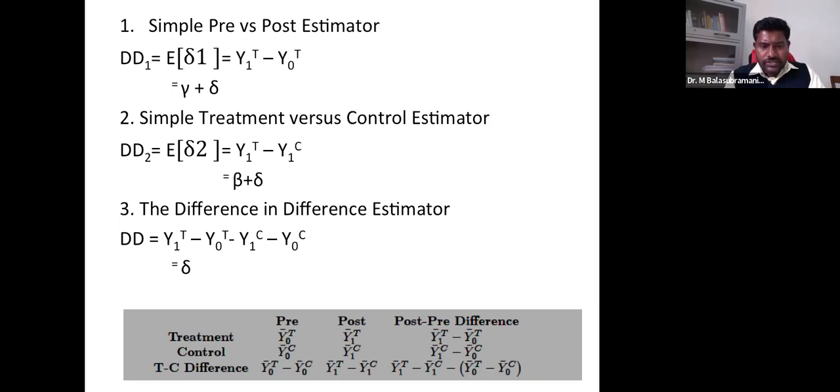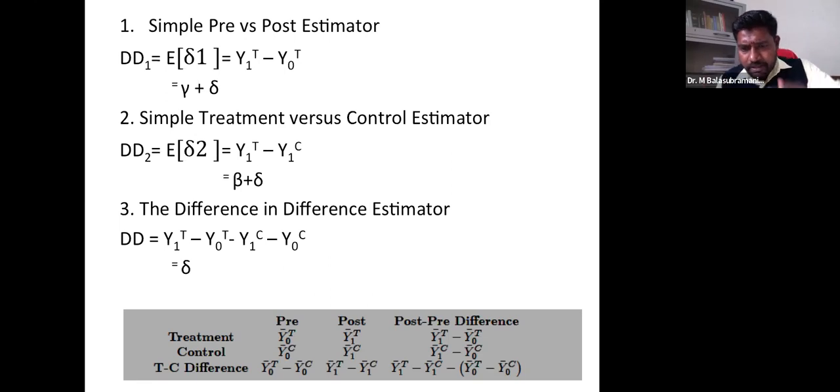Just subtract row-wise and column-wise, and you get the similar basic equation that we have seen in the earlier slide. Understand the difference between these, and you see here that the final difference will be y1 t bar minus y1 c bar minus y0 t minus y0 c.